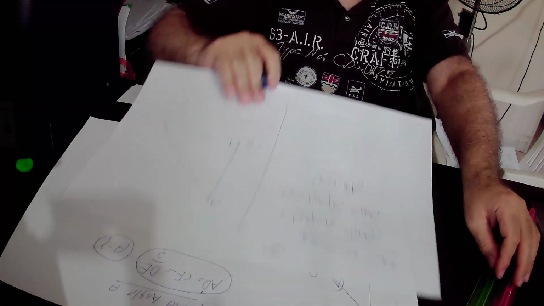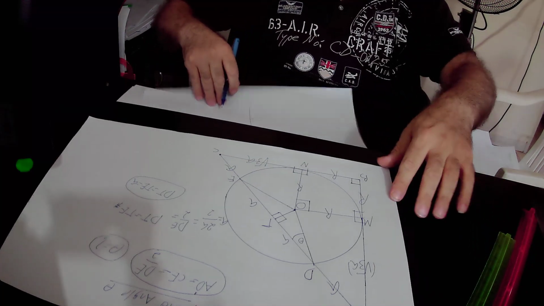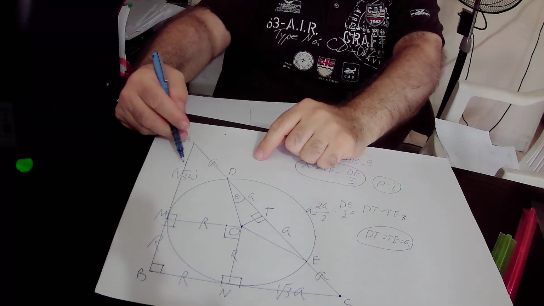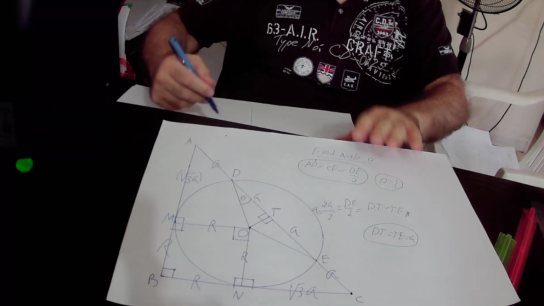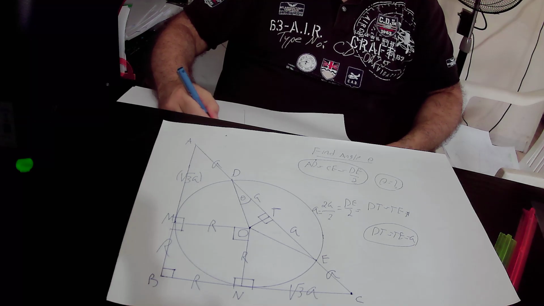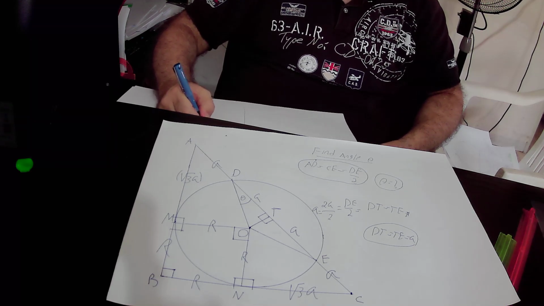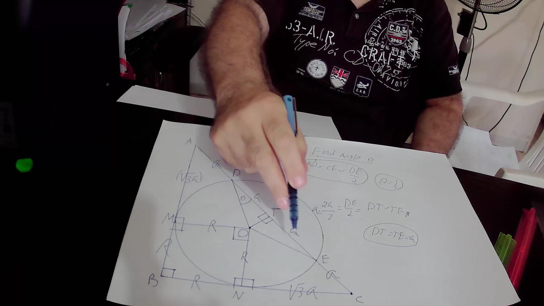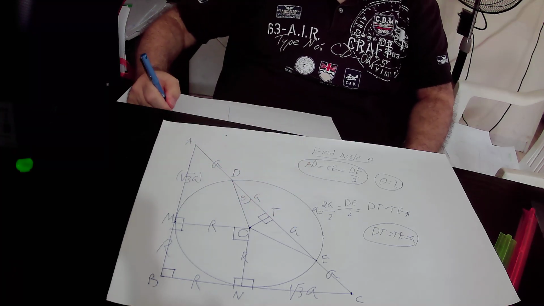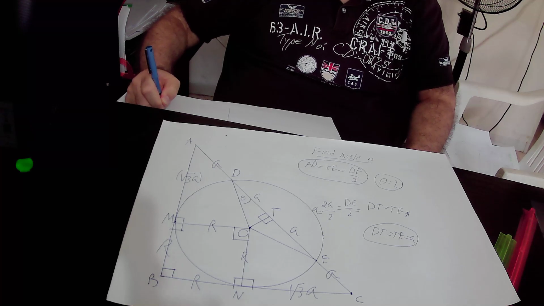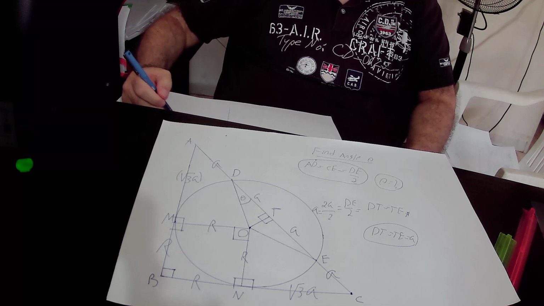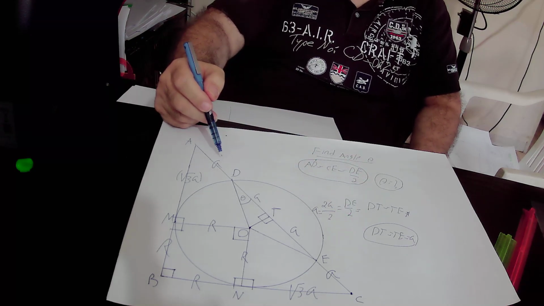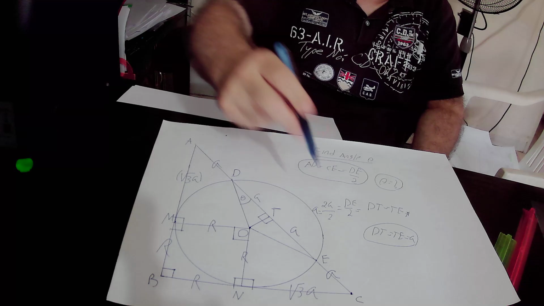Side AB equals the square root of 3 times A plus R. Side BC is also equal to the square root of 3 times A plus R. And finally, the hypotenuse AC equals A plus A plus A plus A, that is 4A.